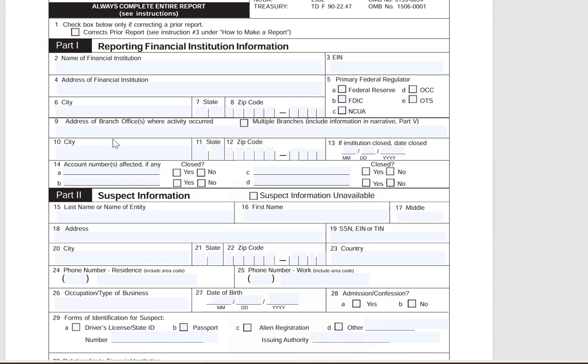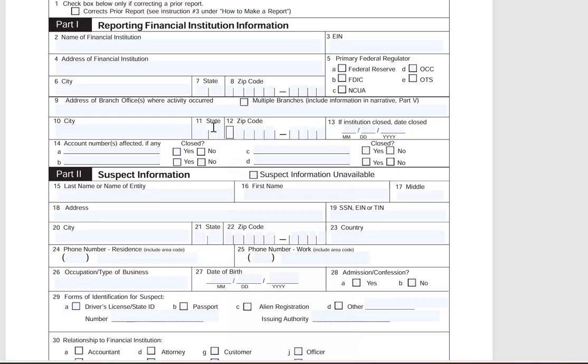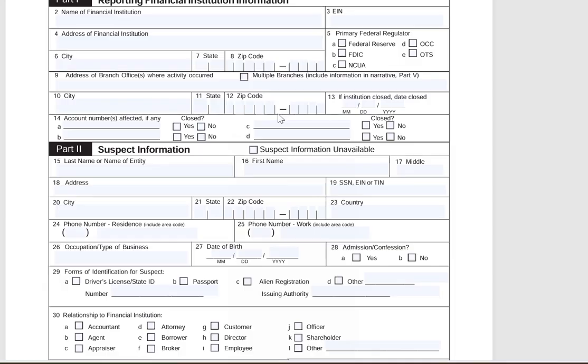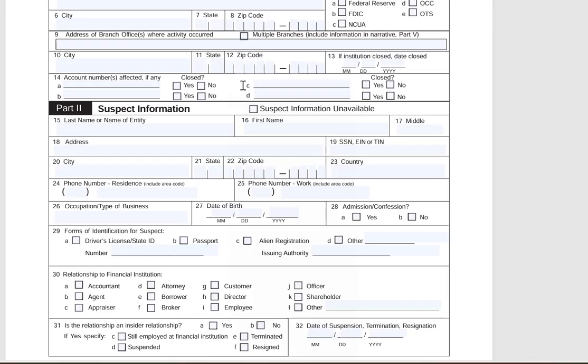Then the address of the branch office where the financial activity occurred, whether it occurred in multiple branches or a single branch, with city, pin code, and state, and the account number affected by the activity, closed or not closed.